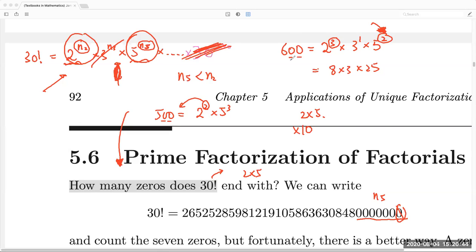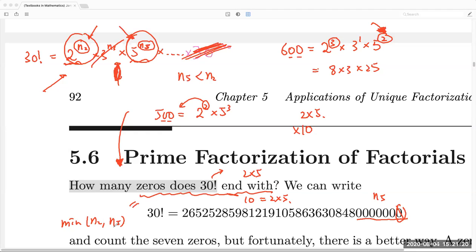All the zeros that the number ends with, each 0 means 10. That is a factor of 2 times 5. So you just need to look at the order of the 2 and the order of the 5 only. So if you can express a number like this one, the number of zeros that this number ends with should be the minimum of n2 and n5.